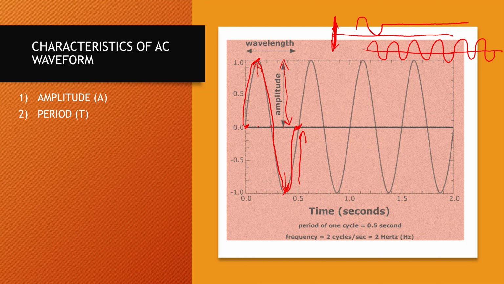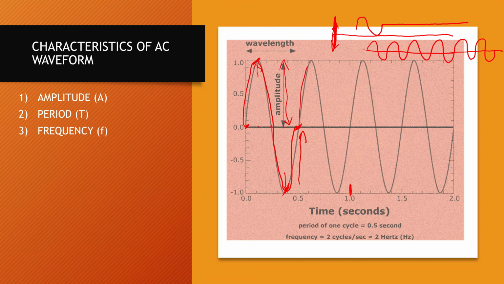So 0.5 seconds. The third term, which is again commonly heard, is frequency. Frequency is the opposite of a period. Frequency asks us the question: how many cycles can you have in 1 second? We already drew that this is one cycle over here.